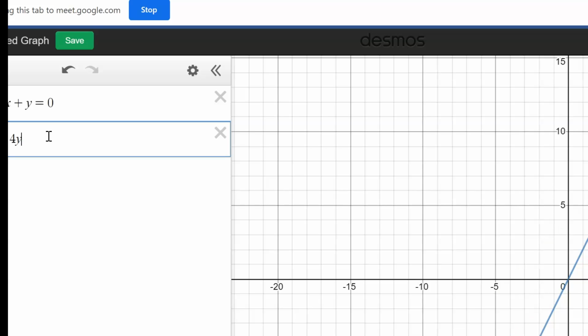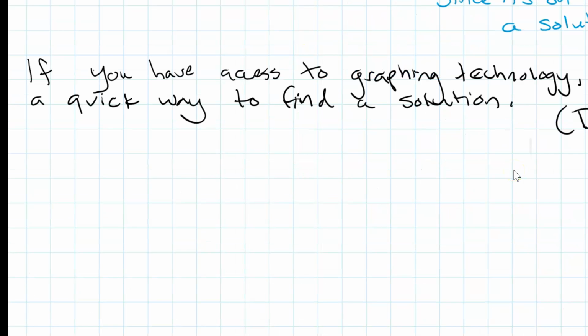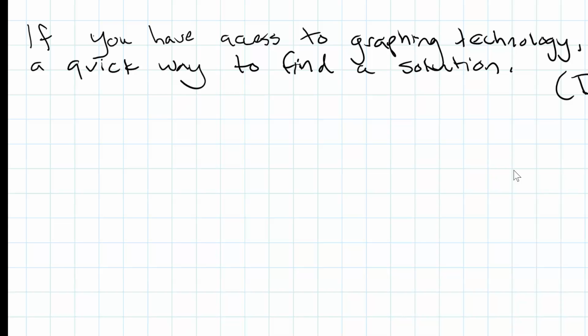And a second line, x plus 4y equals 4. Now these have a solution at 0.444 and 0.889 that is not easy to find on a traditional graph, but is super easy to find on Desmos. So let's take a look at the power of this.